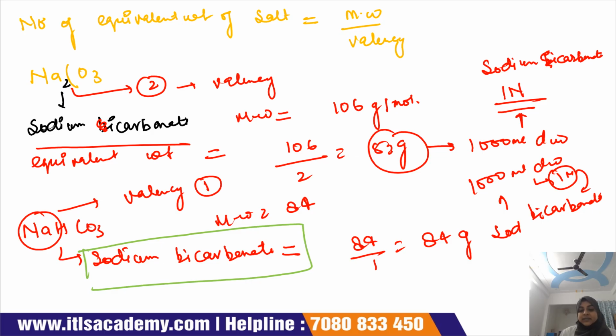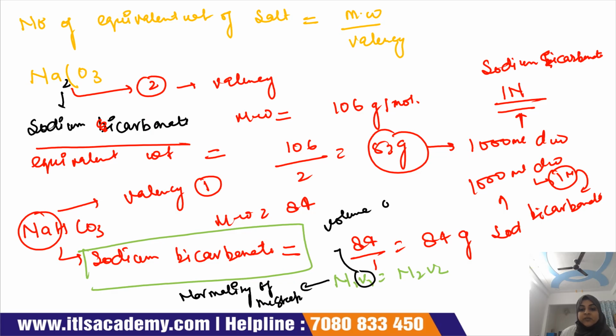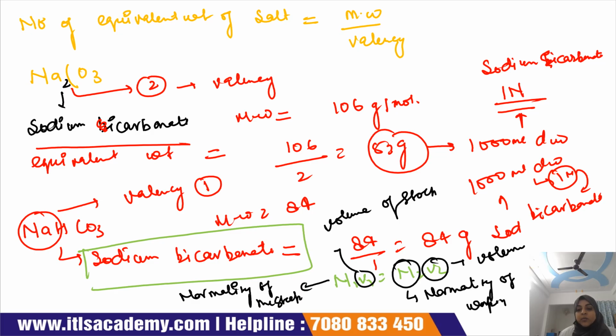Now the next is that the normality is calculated as N1V1 is equal to N2V2, where N1 is the normality of the stock, V1 is the volume of stock, N2 is the normality of the working, and V2 is the volume of the working.